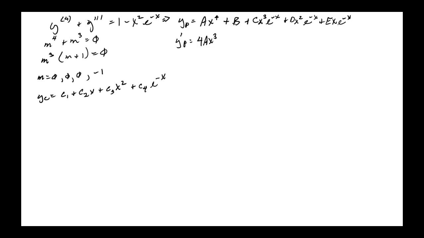0. Yeah, okay. All right, so the next one after that would be, second? Right. Plus 3cx squared e to the minus x, right? Okay. Now the second half of that product rule would be a minus cx cubed e to the minus x, right? Okay.